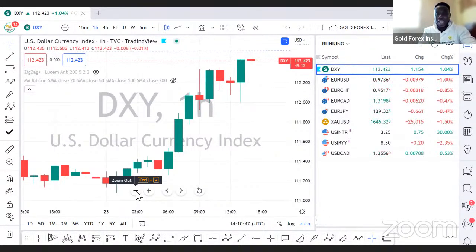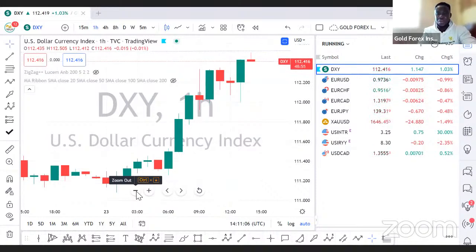I've been telling you guys that the United States inflation figure is very, very high. It's currently at 8.3, and the United States interest rate is currently at 3.25.